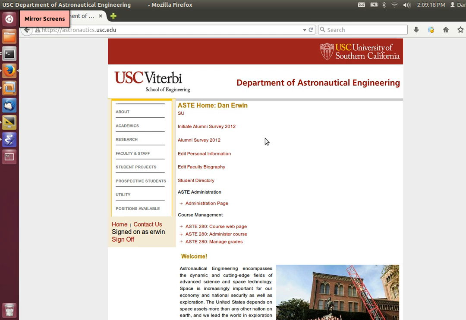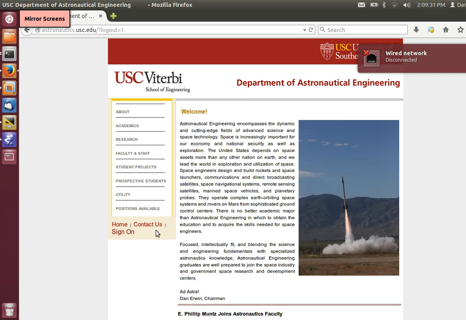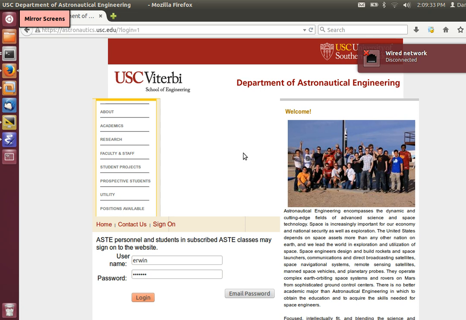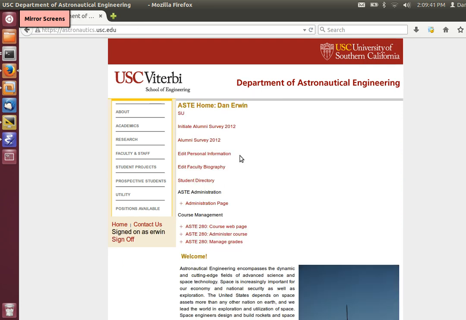And you guys got my email yesterday, right? Good. When you were signed off, there was a link that, well, let me just sign off and show you. When you go to sign on, there's a thing that says email password, and it will send you a password. And then once you have that, you can actually log in. Of course, it remembers mine because it's my machine.